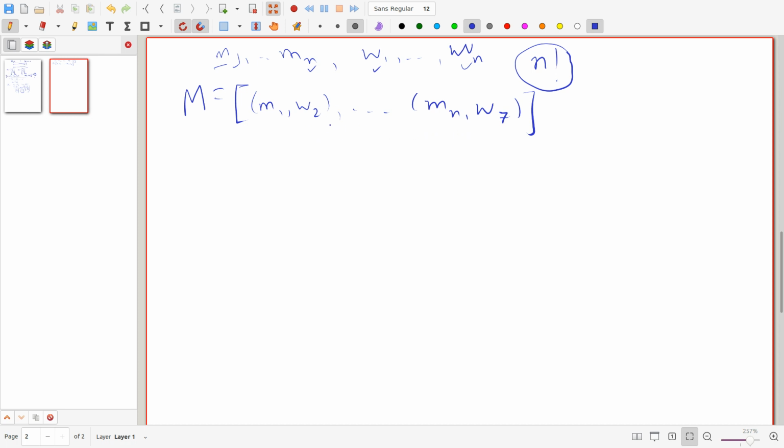Now, what makes this matching unstable? It makes this matching unstable if we are able to find a man and a woman who would rather be matched with somebody else than the person we have actually matched them with in this matching capital M. So let's see what that means. Let's say M1.